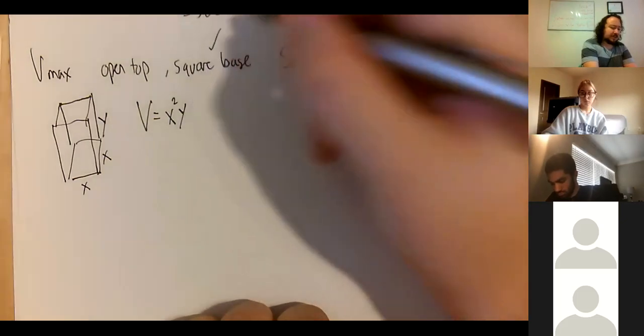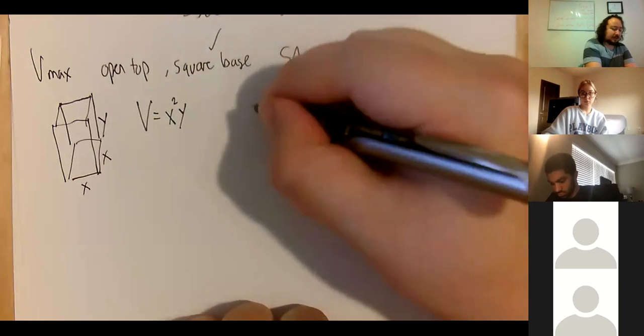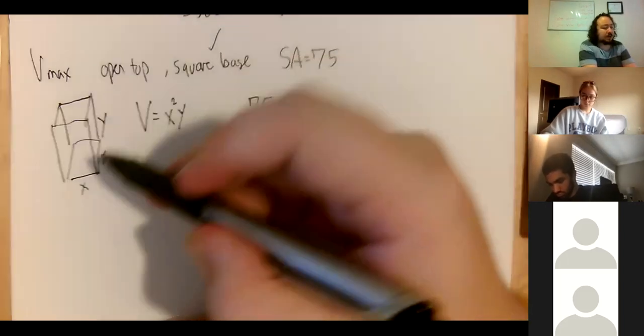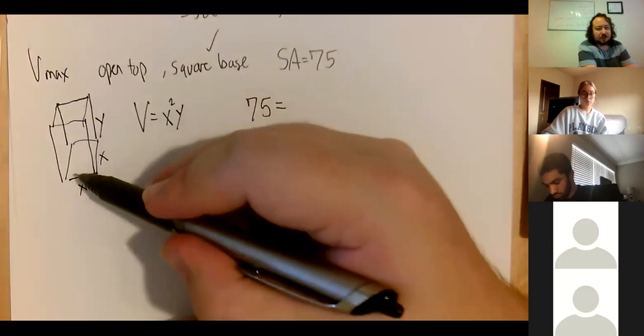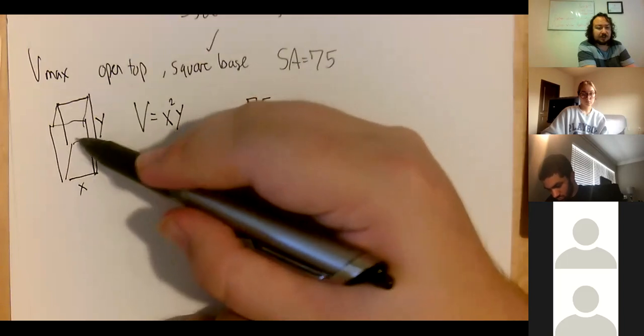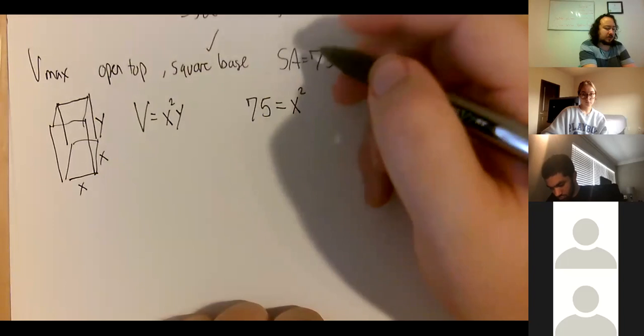Well, we use the fact that it's a square base, but we haven't done anything with the surface area yet. So the surface area needs to equal 75, but we can also get the surface area in terms of the variables here. The surface area includes this square at the bottom, so it includes an x squared.